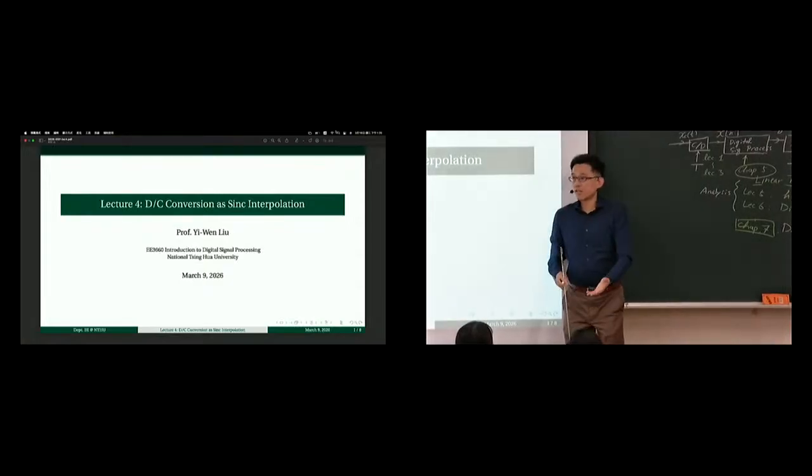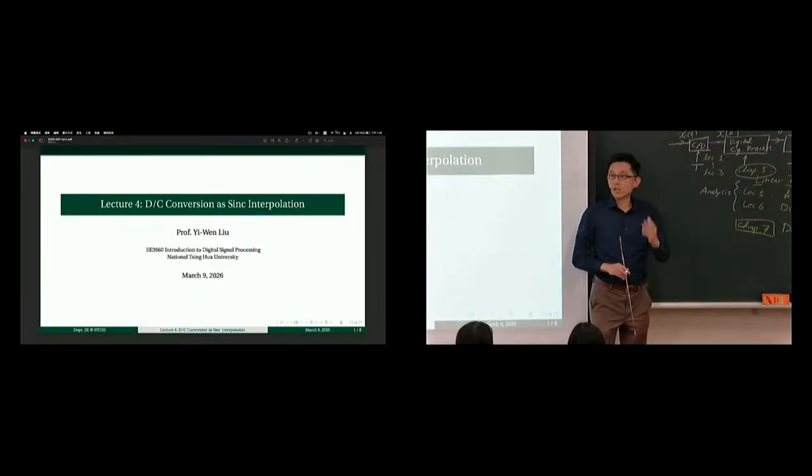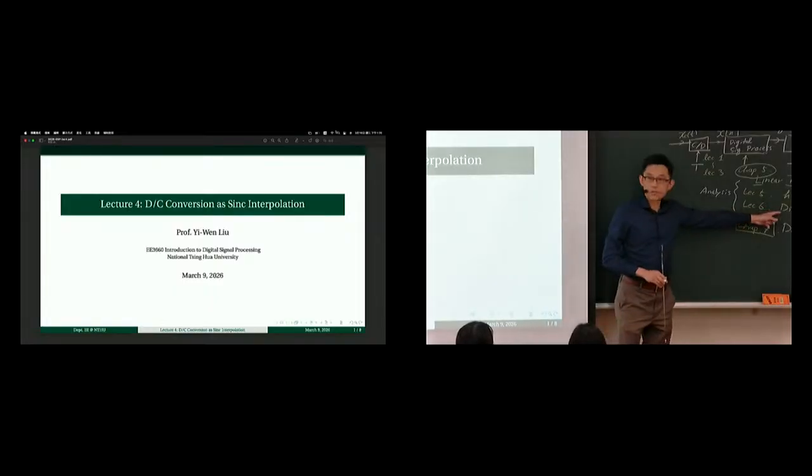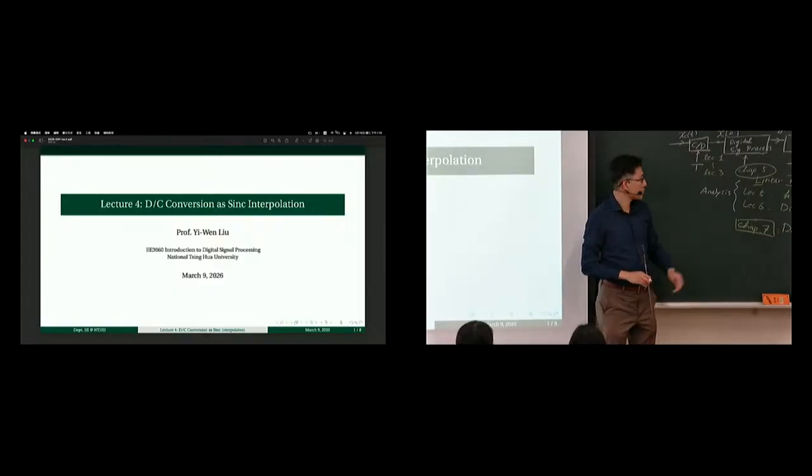So what do we mean by design a system? You might be given some requirements, maybe some performance specifications. When you are given a set of specifications, how do you design your difference equations so as to satisfy those requirements? So different mindset, analysis, design.